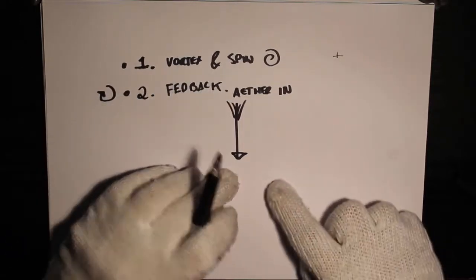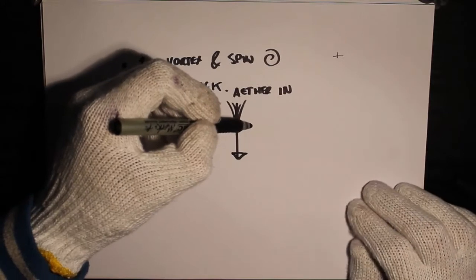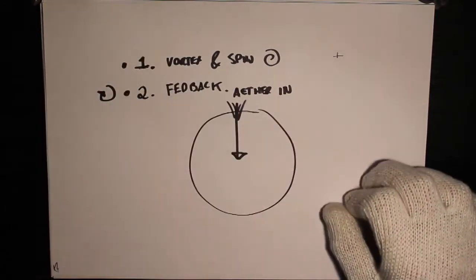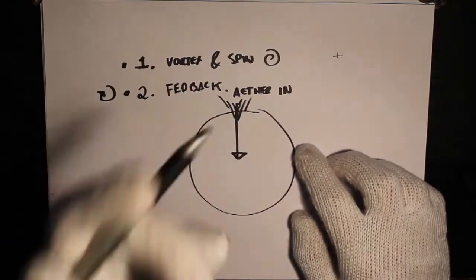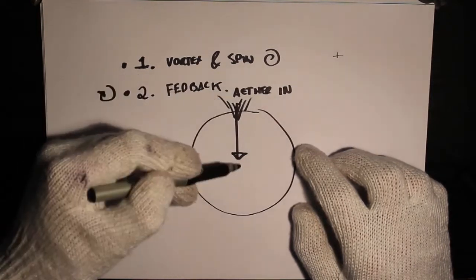It's coming in, the arrow represents the ether. The ether comes in, it goes through the different layers, like the vacuum layer, etc. It's feeding into the system from wherever it comes from, the human aura, the environment, wherever. It's just an input. This arrow represents ether coming in.